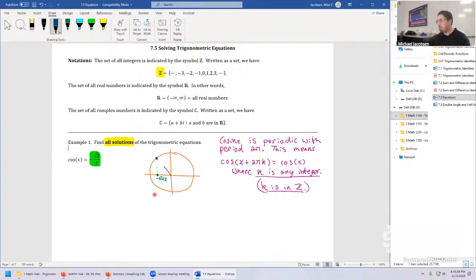This one is 3 pi over 4. But there's another angle down here. This one is 5 pi over 4. So we know you can plug in cosine at 3 pi over 4 or 5 pi over 4. It's definitely negative, and it turns into exactly negative square root 2 over 2. But that's just two solutions.